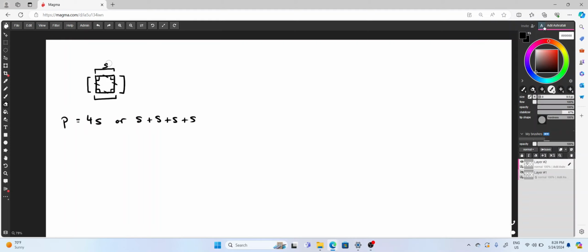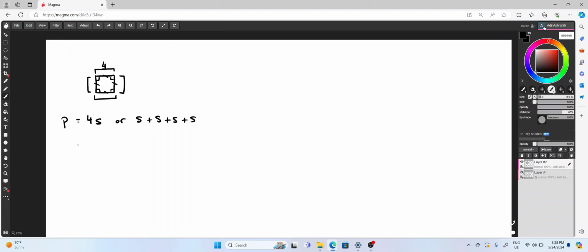So just to give you an example, imagine S was 4. Then you just have to multiply 4 times 4, which would be 16. Which you can also do by adding 4 plus 4, which is 8, 8 plus 4, which is 12, 12 plus another 4 is 16. So that would be the perimeter of this square.